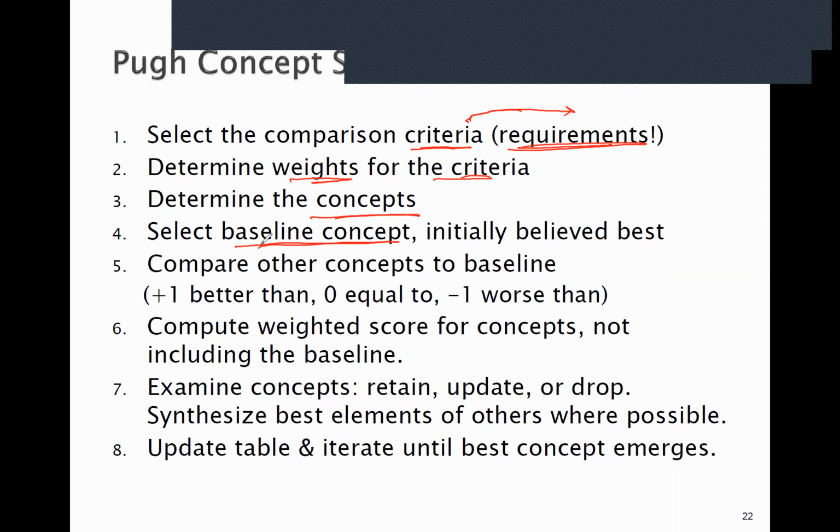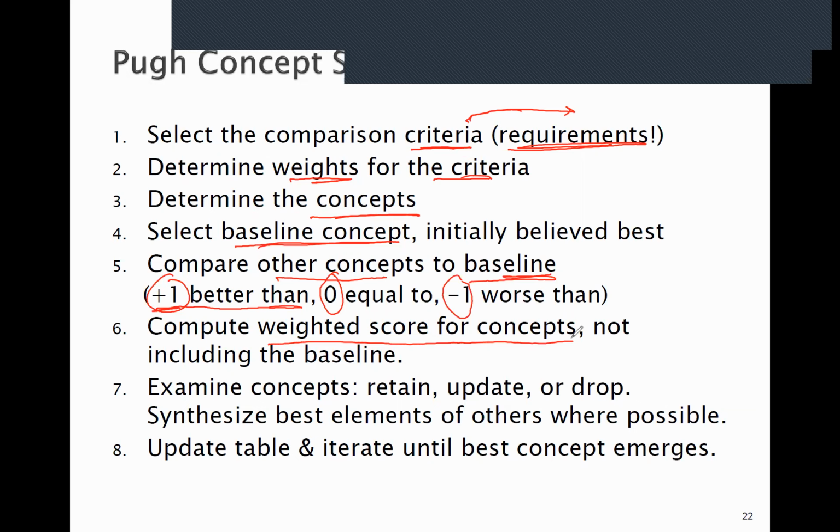We simply compare all other concepts with the baseline concept. If any concept is better than the baseline, we give +1. If it is equal to the baseline concept, give 0. And if it is worse than the baseline concept, we give -1. So we compute the weighted score for the concepts.